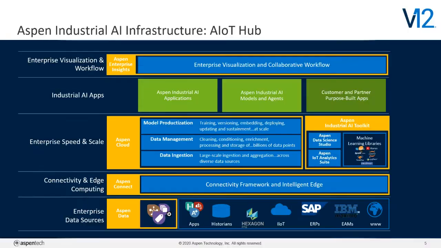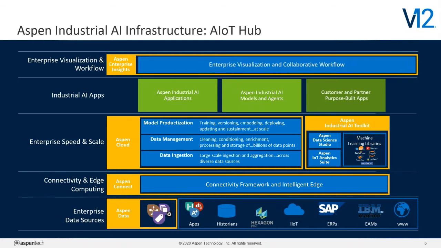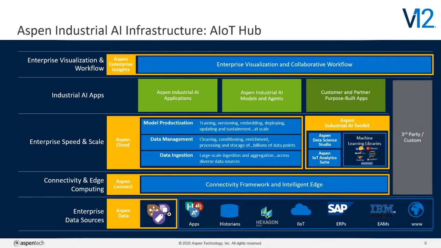Everything that you see here in yellow is a backbone for that sort of connected enterprise, cloud-based delivery, and everything that we need in order to deliver a new sort of genre of industrial AI apps. And then, in our sort of true fashion here, we also want to be able to extend that so that we can work with customers and partners to pull in what we're calling third-party or custom solutions that sort of fit in and layer in on top of that.